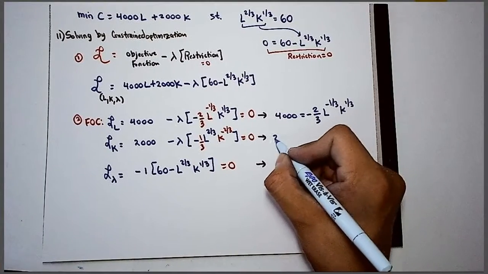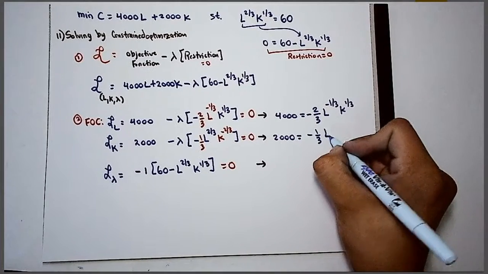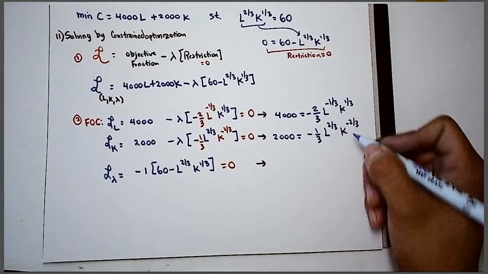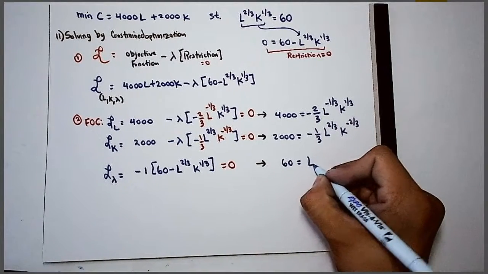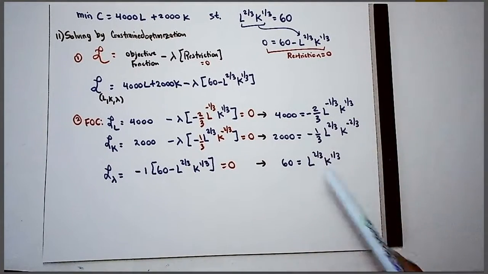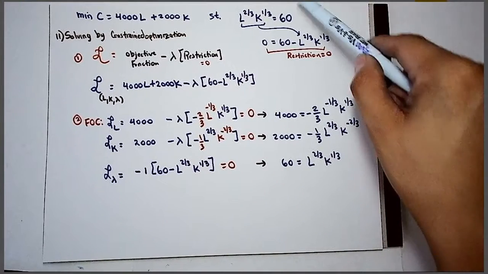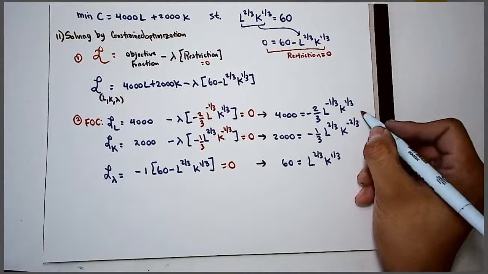Here we have 2000 equals minus 1/3 L to the 2/3 K to the minus 2/3. And finally here we have 60 equals L to the 2/3 K to the 1/3. And you know that because you will always get the original restriction. Let's divide these two in the next page.